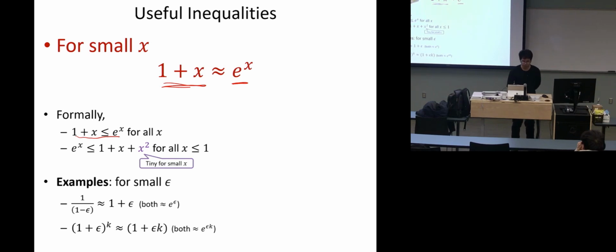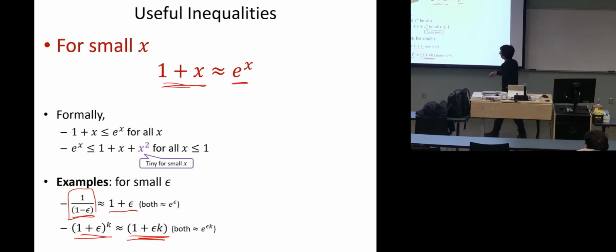And once you put this into your heart, you can see very quickly that this is just the same as 1 plus epsilon, because both of them are something like e to the epsilon. They are kind of the same here because both of them are e to the epsilon times k. It's just a quick way to calculate stuff without worrying too much.